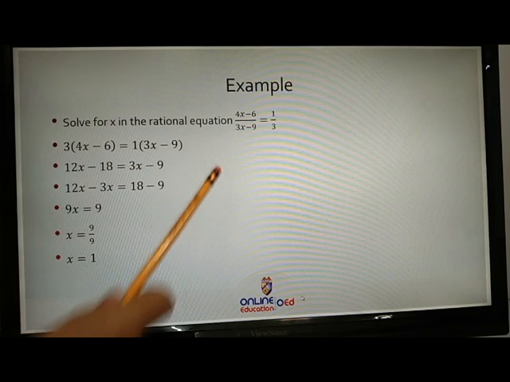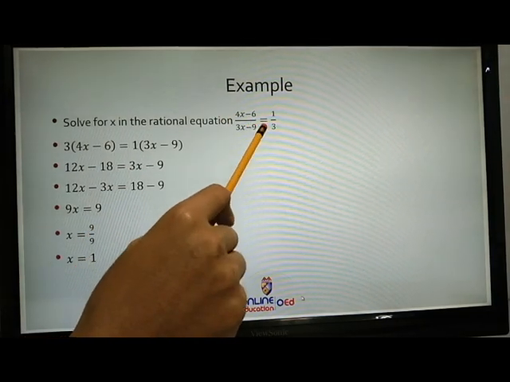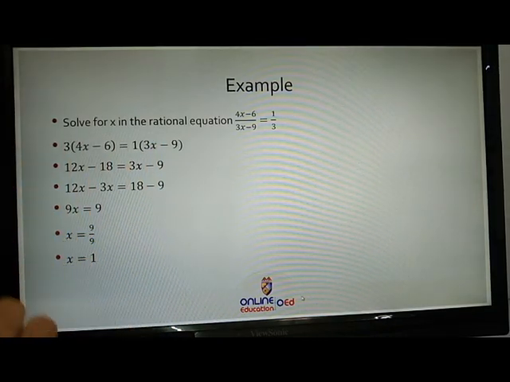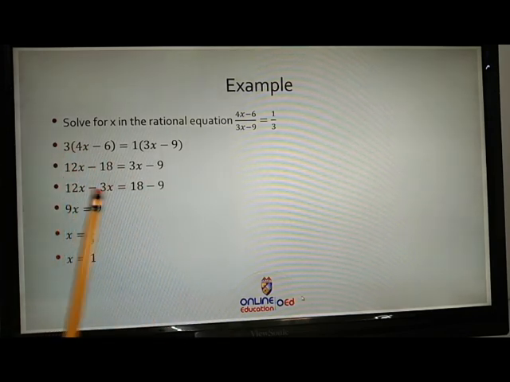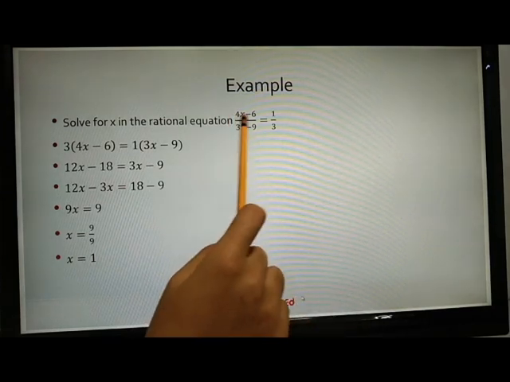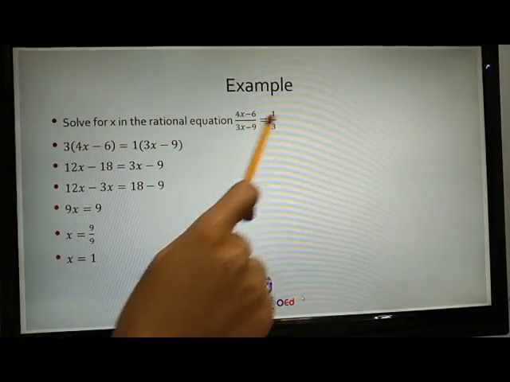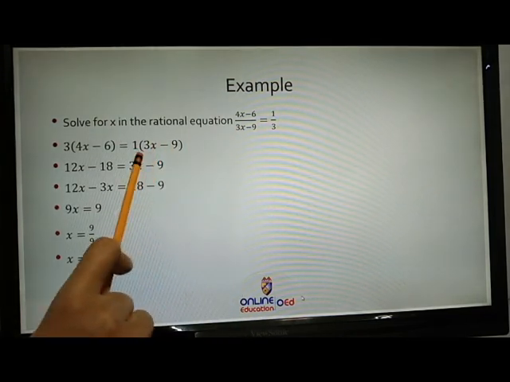Next, another example, we have 4x minus 6 over 3x minus 9 is equal to 1/3. For us to be able to compute easier, we have to simplify the rational equation first, and to simplify this fraction, you just have to cross multiply. So 4x minus 6 times 3, ito yun, and then 1 times 3x minus 9, ito yun.